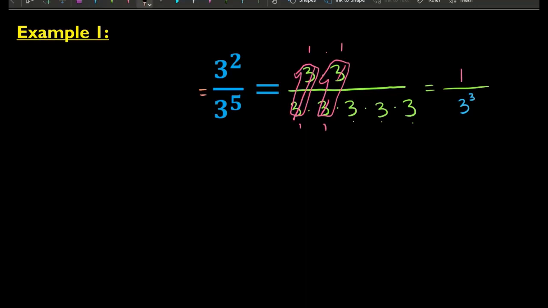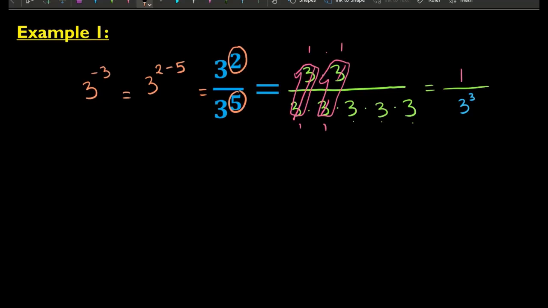As we learned, when you divide powers with the same base, all we need to do is subtract the exponents, meaning 2 minus 5. And as we know, 2 take away 5, you take more than what you have, you're going to owe some money. That will be negative 3.